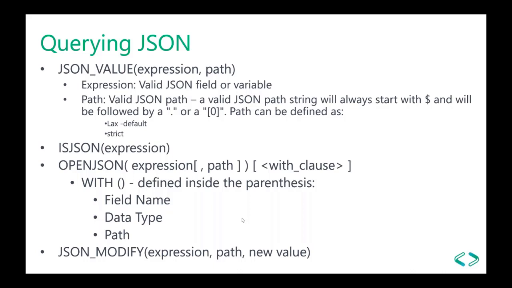JSON in SQL Server does not support a replace, but you can use JSON modify to deal with it. Also, if your new value is a null, you can delete the key. So if you have a key in your JSON called order ID, and you do JSON modify and you say your path is order ID and your value is null, you're going to delete your order ID.